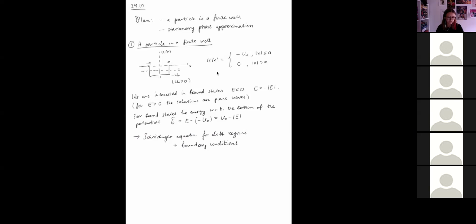We're just trying to find the states which are stationary without any dependence on the time. So essentially, what we're trying to find here are the eigenvalues of the Hamiltonian that we have.